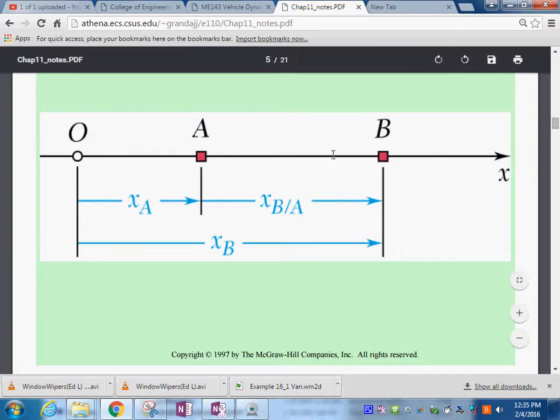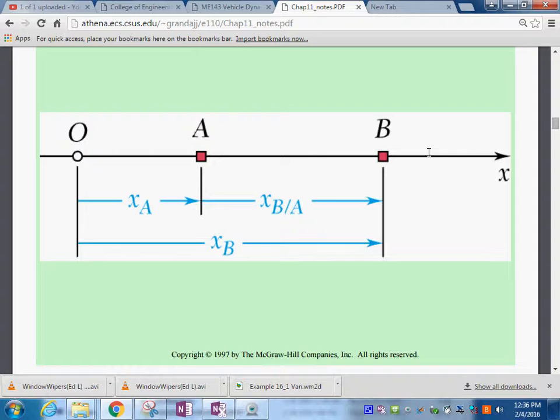We also can locate the position of one particle with respect to the position of the other.